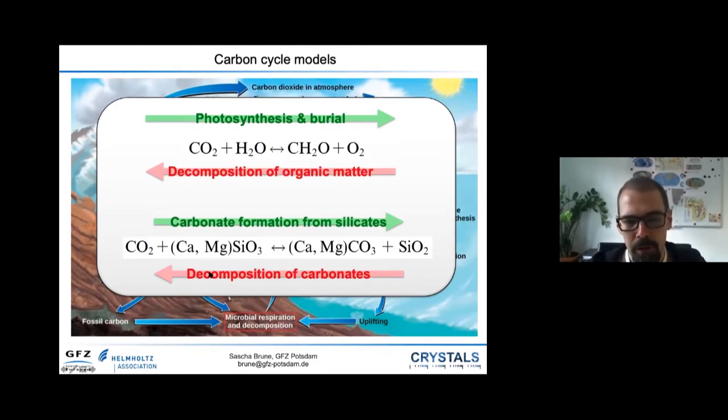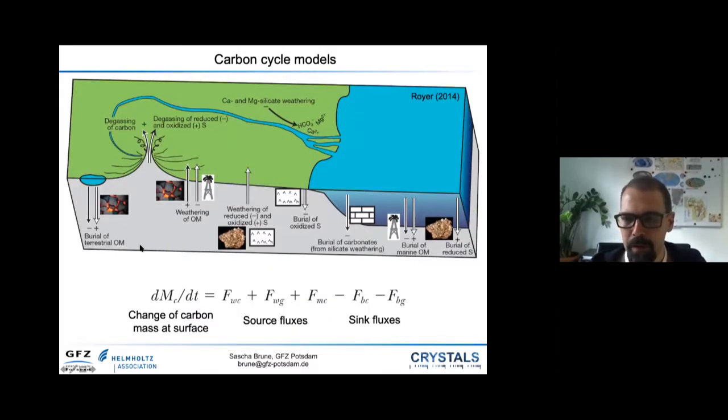And if you go the other way around, then you can decompose your carbonates and again generate CO2. This simplified version of the carbon cycle is implemented in these geological time carbon cycle models.